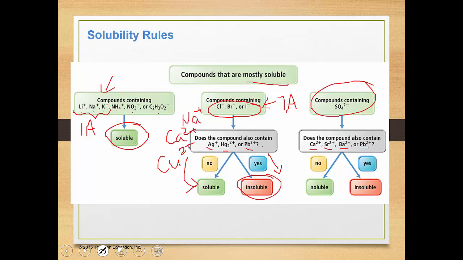So if you have one of those four cations with sulfate, then it is insoluble. Otherwise, everything else is going to be soluble. We'll present this later as a list, not in this presentation, but on the Blackboard site. We'll have a list of general solubility rules that you can look at and use to determine if a compound is going to dissolve or not.